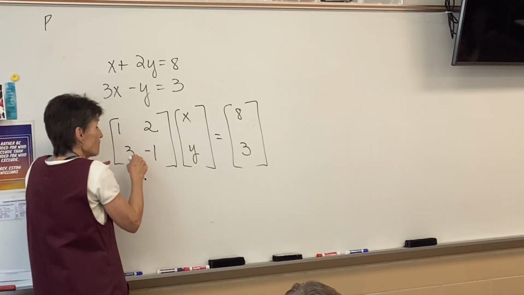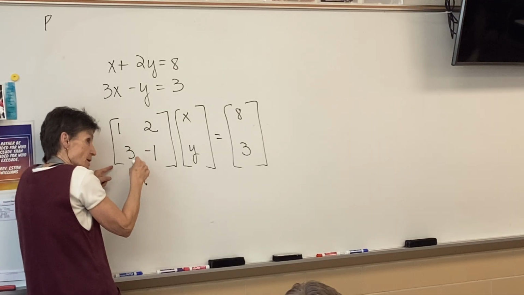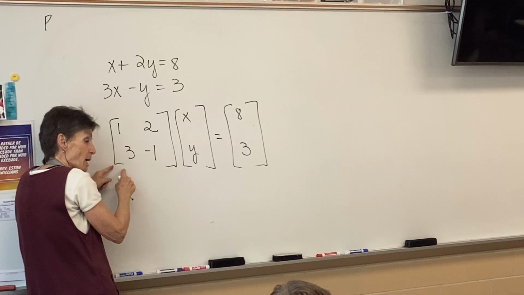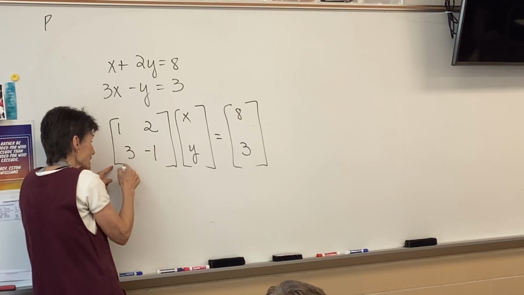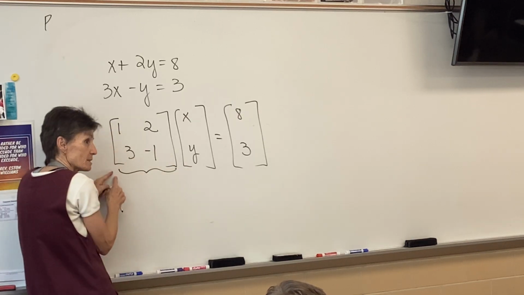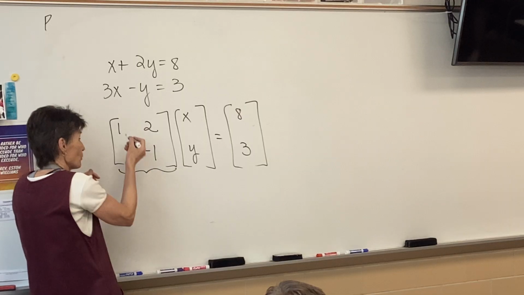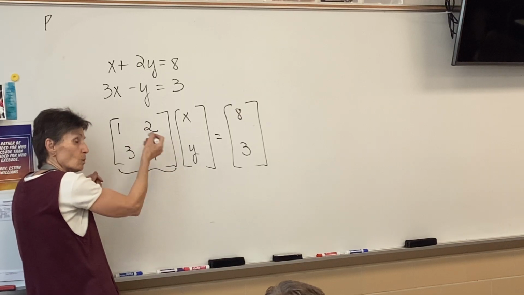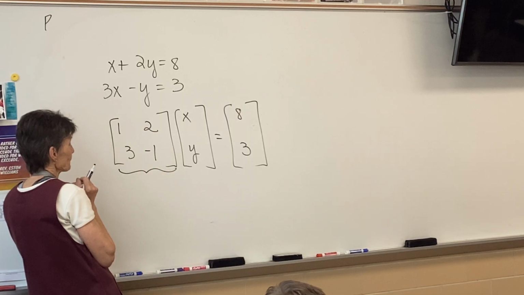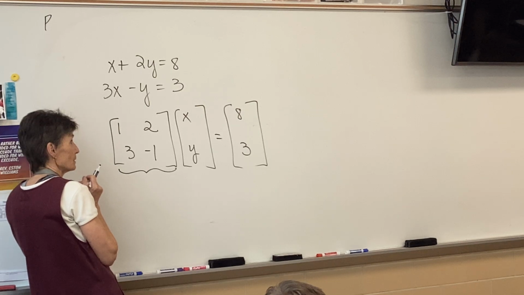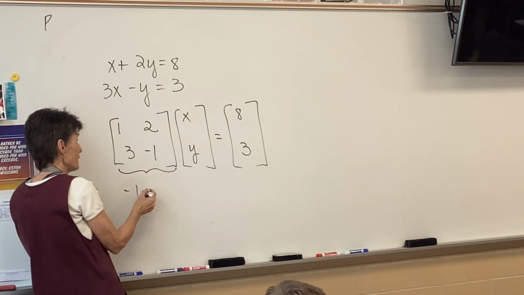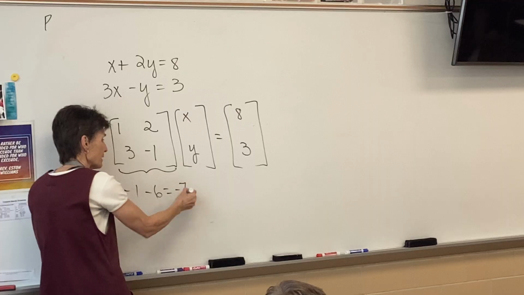So I want you to find the inverse of this. It's what we just practiced. How do we find the inverse of this matrix? First we find our determinant. What's our determinant? Isn't it -1 minus 6? Isn't it -7?